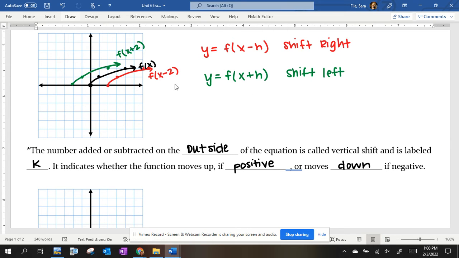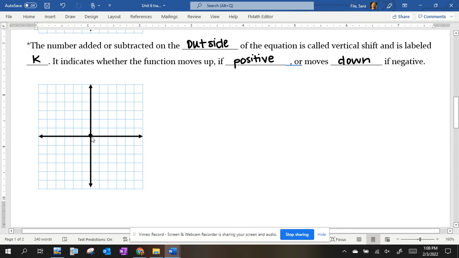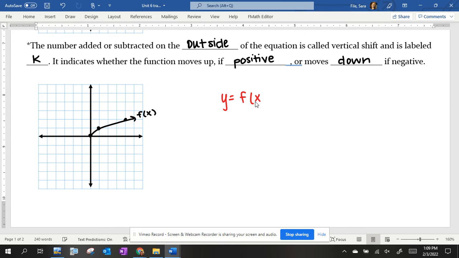Can I scroll up off of that previous graph, or is everybody done with that? Okay. All right, so same parent function. If I have my function and outside of it, so not in a parenthesis, so close that parenthesis, I do minus k.